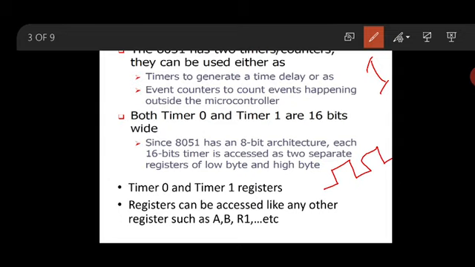Let us assume we can't count how many clocks there are, but at least with my eyesight I can see the LED glowing or not glowing. Let us assume the LED has glowed 10 times, meaning my count is 10, meaning 10 clocks have been generated from the 8051. This is called a counter, meaning I can count the number of clocks, depending on my application.